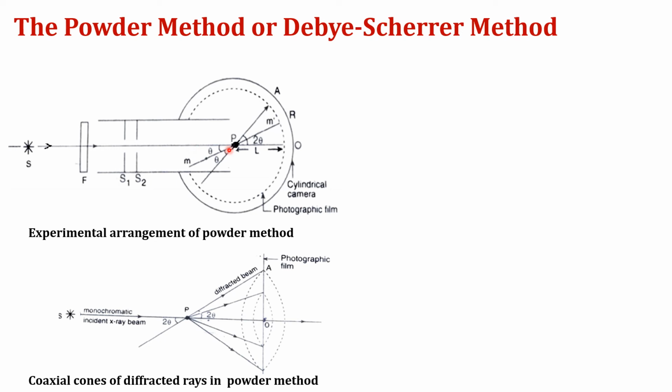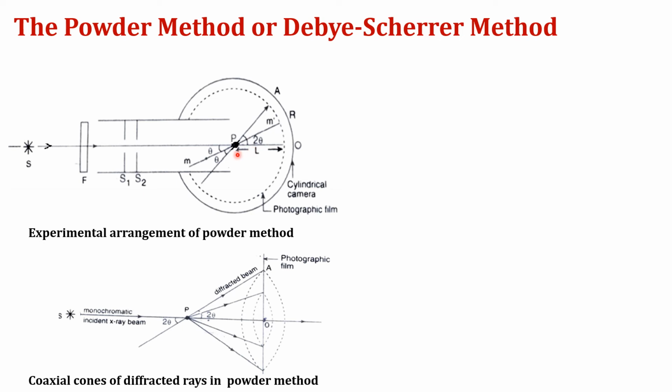If monochromatic light is allowed to be incident on the powder sample, most of the crystallites, which are randomly oriented, include a certain number of crystallites or small grains which form a particular set of planes. When that plane forms the correct angle with the direction of the incident beam, then only reflection is possible and it satisfies Bragg's law.